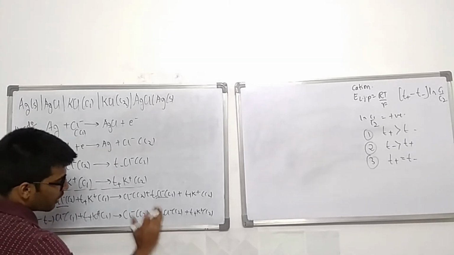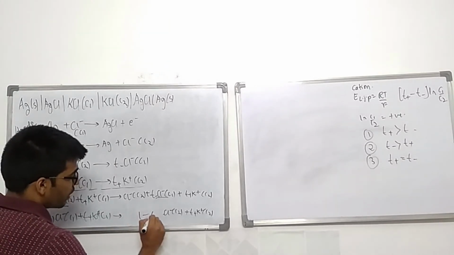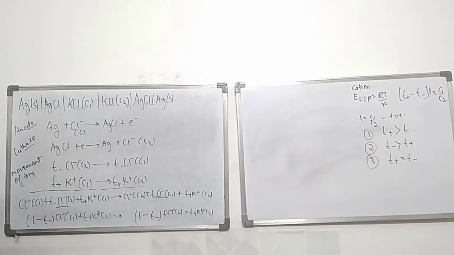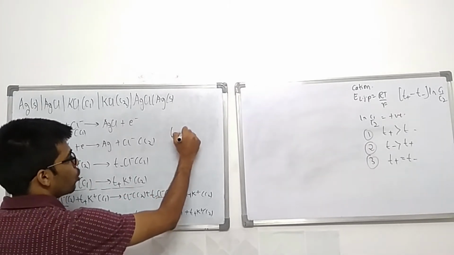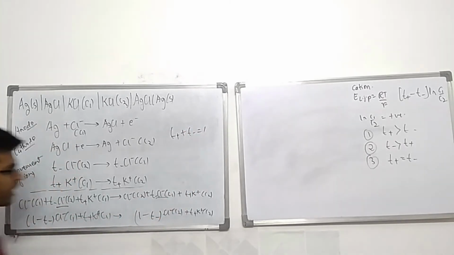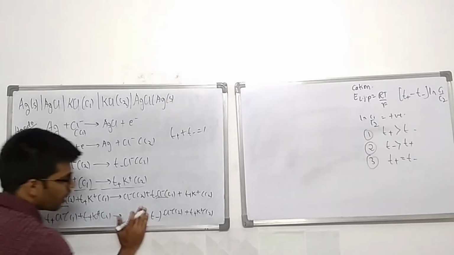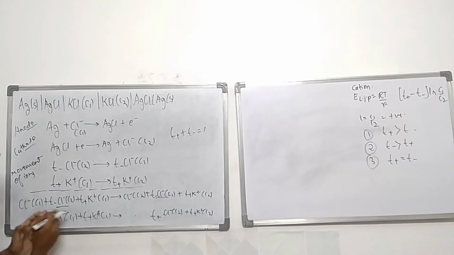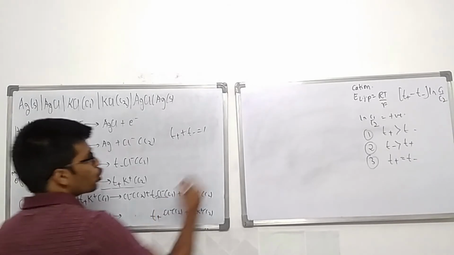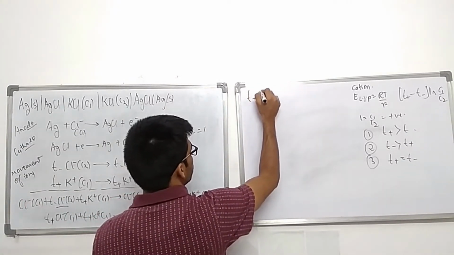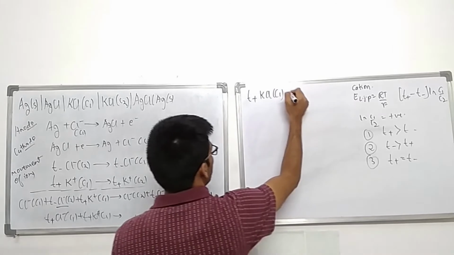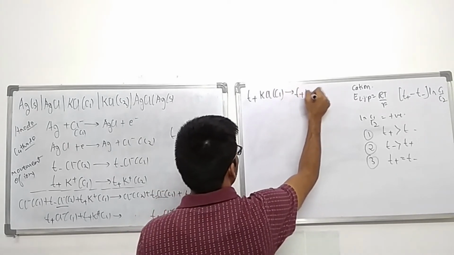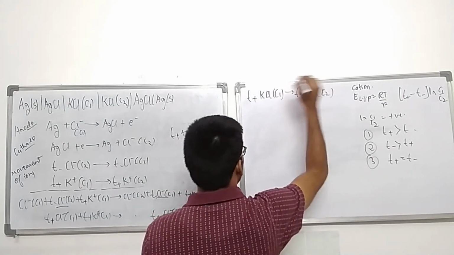Similarly, if I take this common here, I am left with 1 minus T minus. Again, as I told you, T plus plus T minus is 1, so I can write 1 minus T minus as T plus. So I will get T plus here and T plus here. Now again, T plus Cl minus at C1, T plus K plus at C1. So the total reaction can be written as T plus KCl at C1 gives T plus KCl at C2.